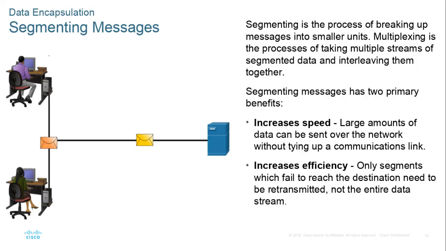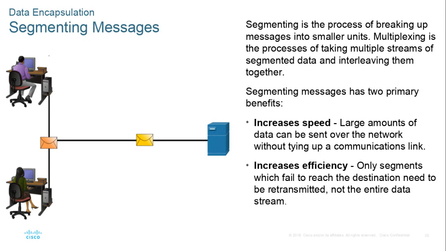Now, we talked about this concept of data encapsulation. We have two employees here that are trying to talk to the server. They're probably both checking to see how much vacation time they have left on the human resources server, and they can't wait to fill in that time off request. But they can't both transmit their ones and zeros on the wire at the same time. They have to take turns. So a segment of data containing one user's request and a segment of data containing the other user's request will be put in separate packets and sent over the network.